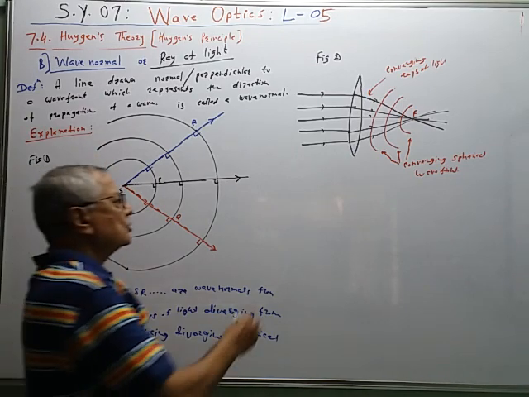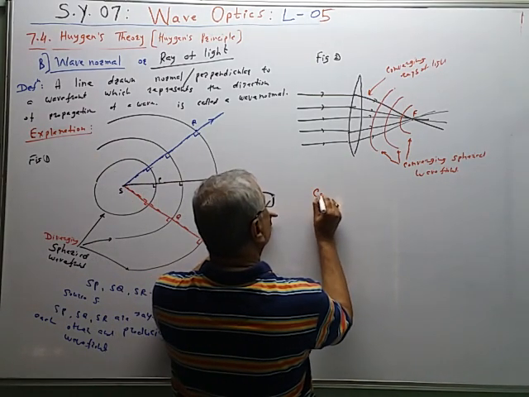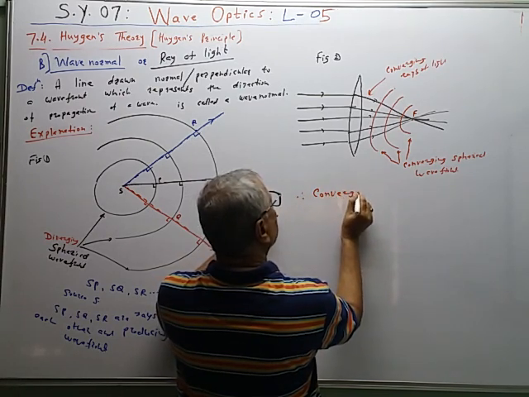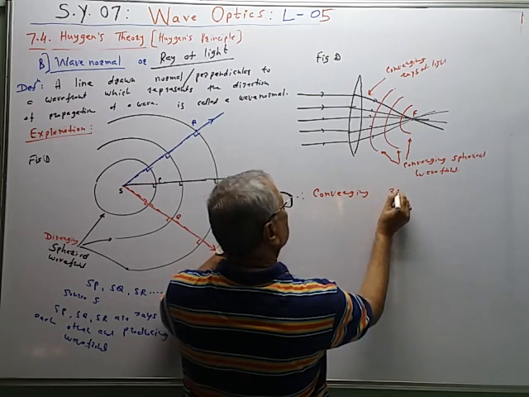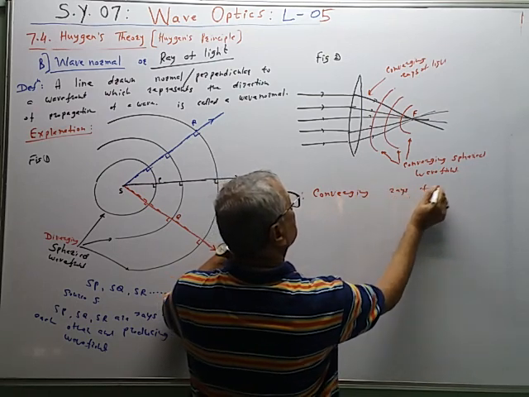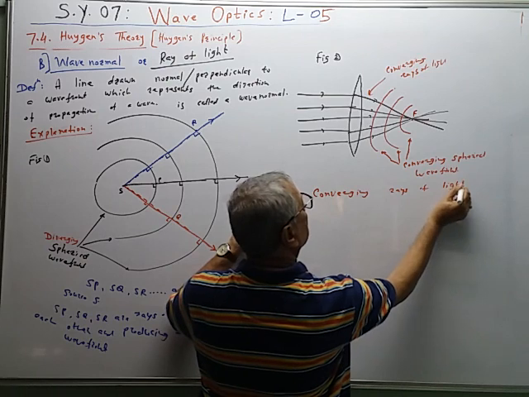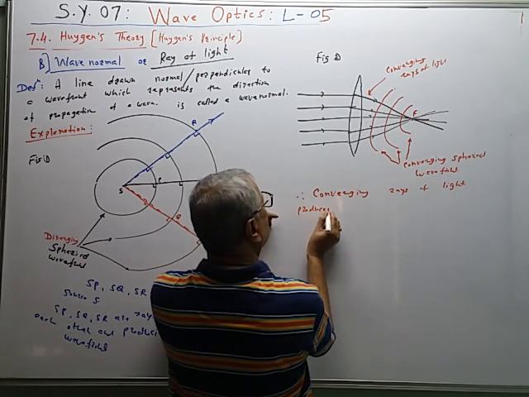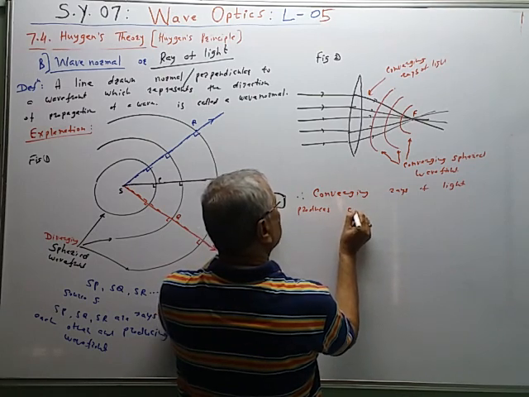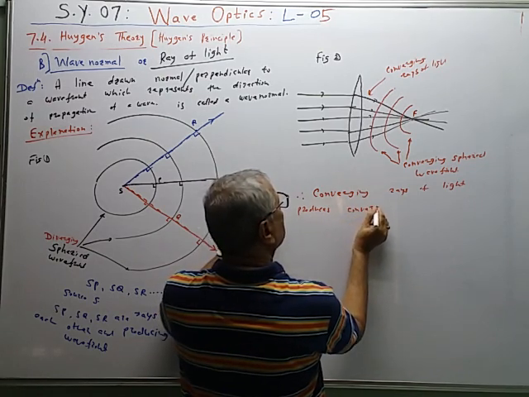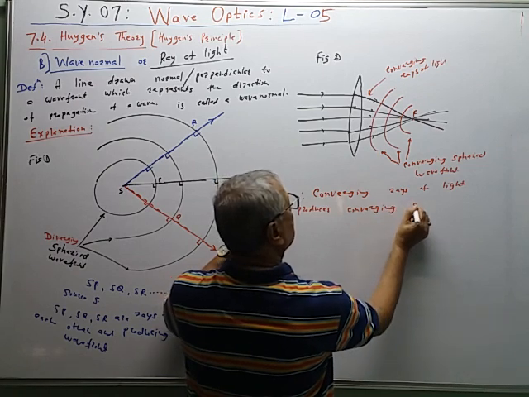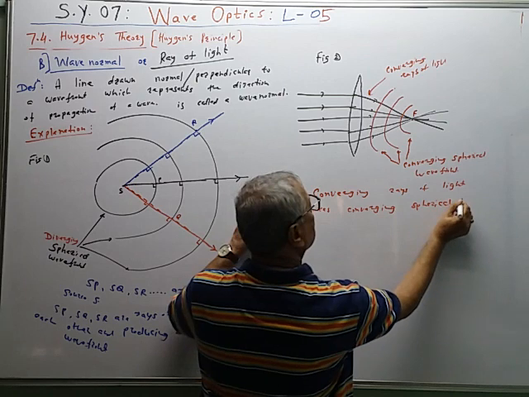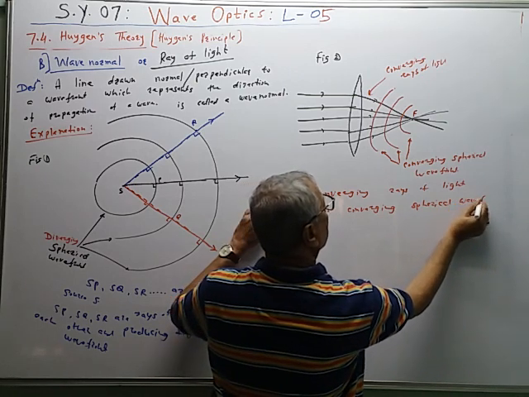Converging rays produce the converging spherical wavefront. Therefore, converging rays of light produce converging spherical wavefront.